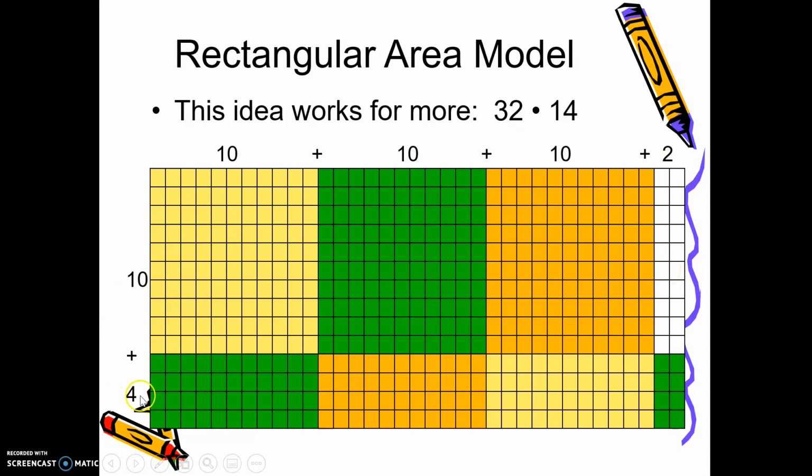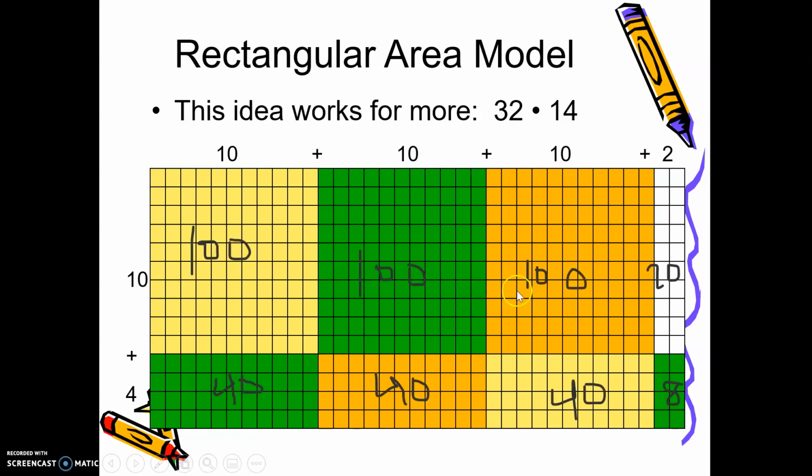Then we come down here, 4 times 10 is 40, and you would just repeat that. And then ultimately 4 times 2 is 8. You can see there are 8 small little units. Now, this is really breaking it up, but in further slides, I'll show you a different strategy.